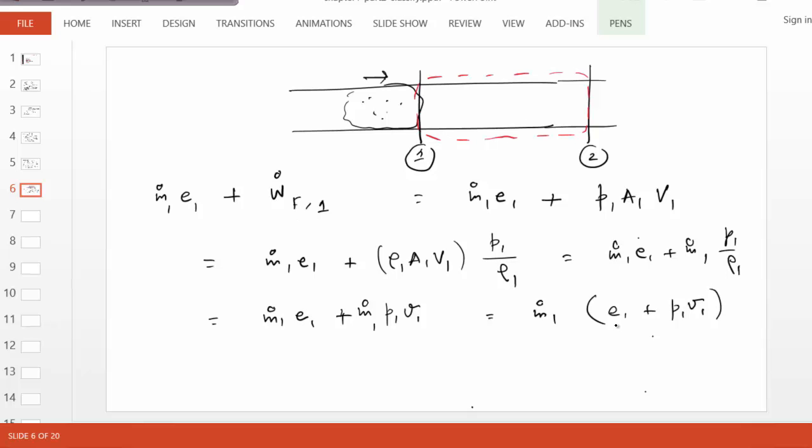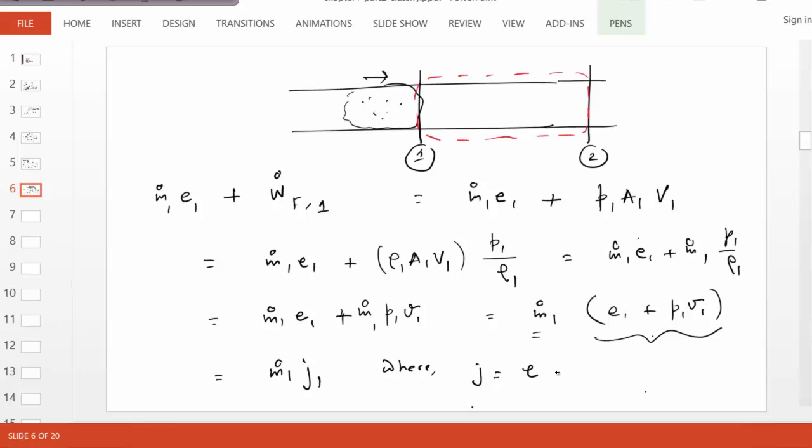So the energy carried by a flow, or the flow transport of flow energy, is given by mass flow rate times another specific property. Because look, E is a specific property, P is a specific property, V is a specific property. Defining this as J, we can write it is m dot 1 times J1, where what is J?